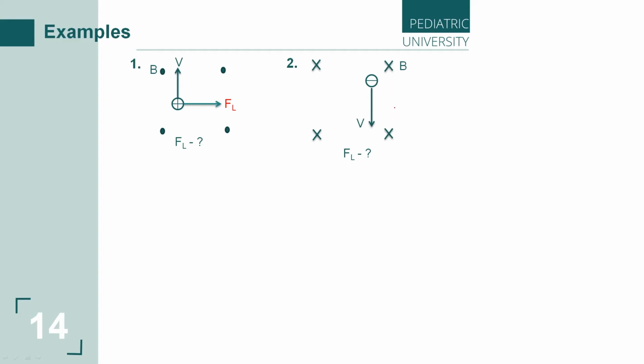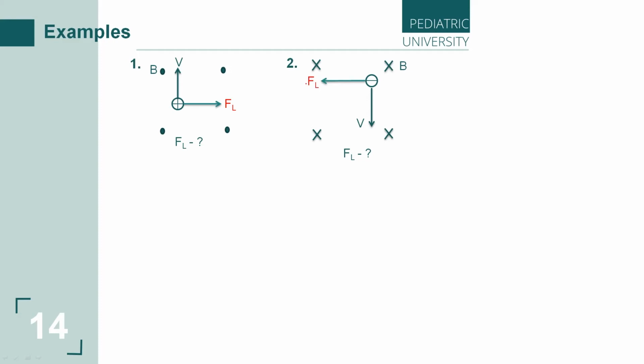Don't forget about it. So, the lines of magnetic induction are directed away from us. The cross shows us the direction from us, for example, from us to the computer. And according to the left-hand rule, the Lorentz force will be directed to the left.